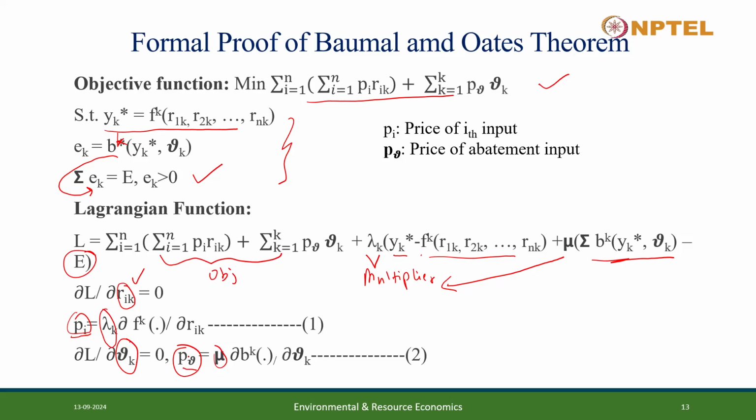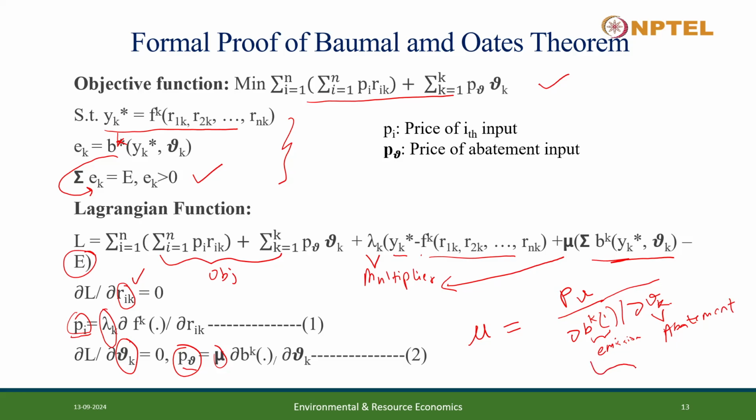So if we try to find the value of mu, then we can say that it is the change in PV upon change in bk, right? So bk is my emission and this is my abatement.